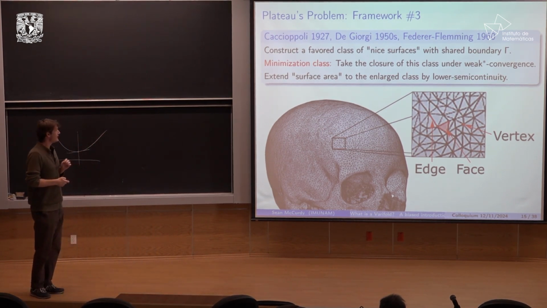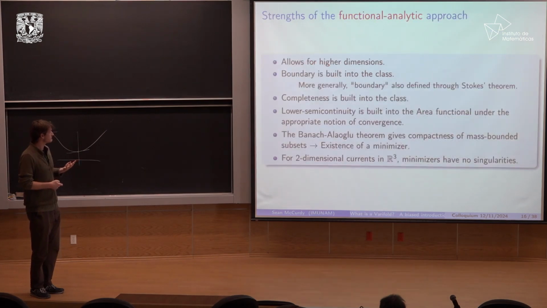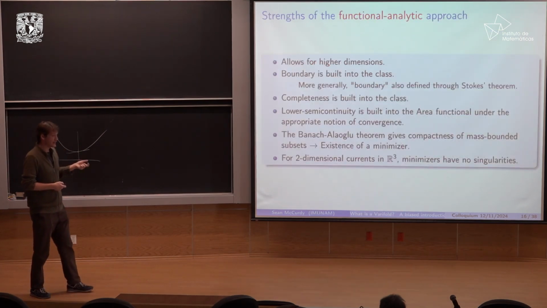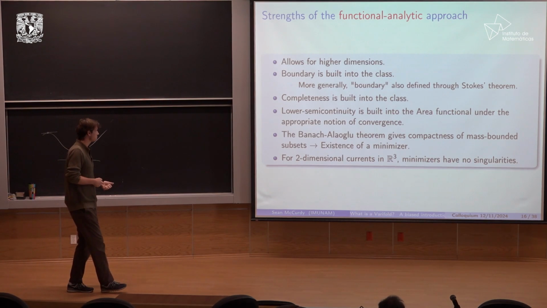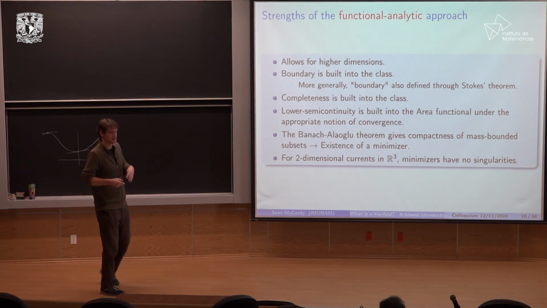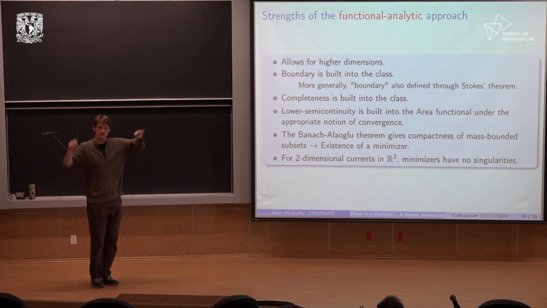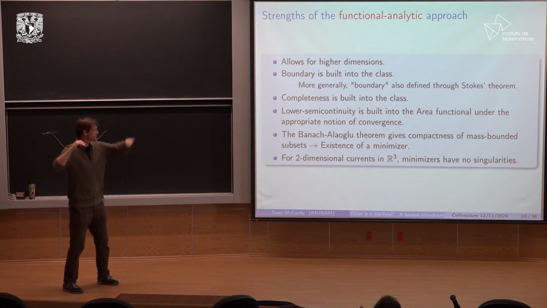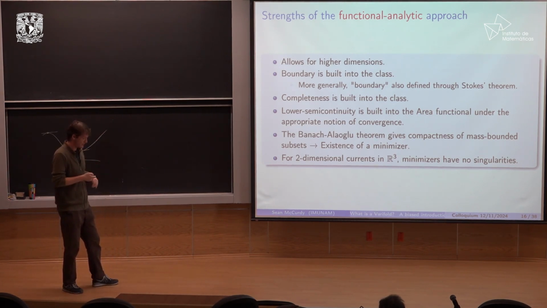And this is very natural in many ways. It allows for higher dimensions, no problem. The boundary is built into the class because if you start with your nice surfaces with fixed boundary and take the limit, anything that you get will have, in a very intuitive way, the same boundary.